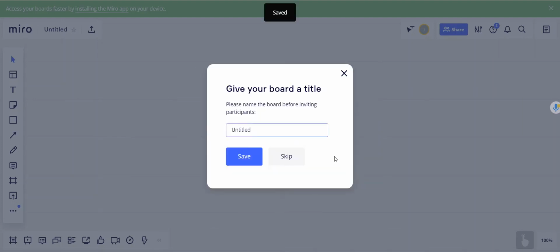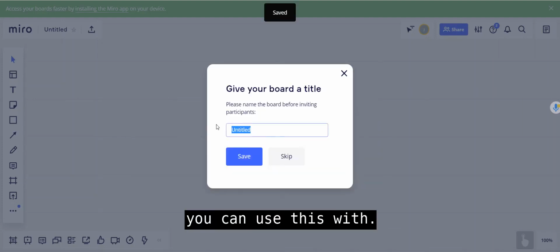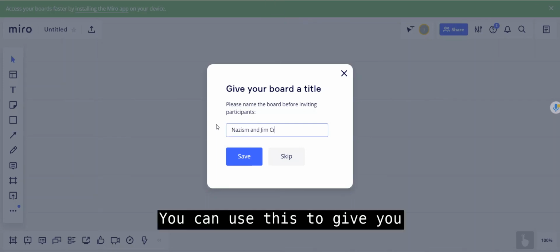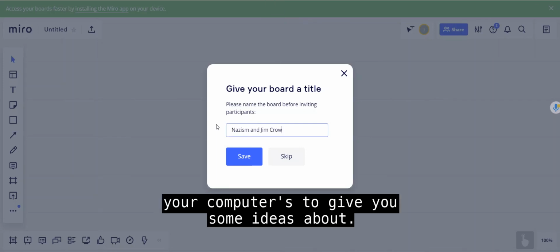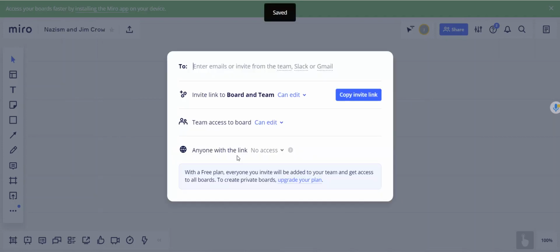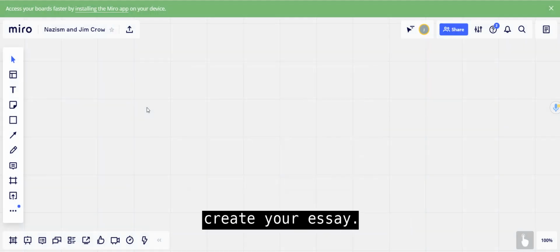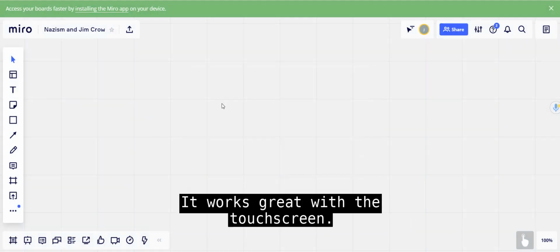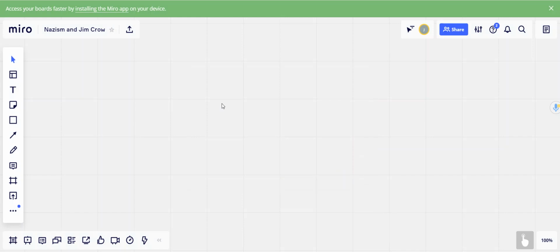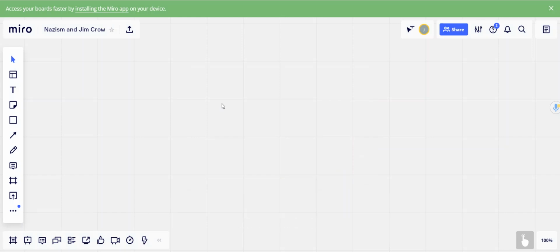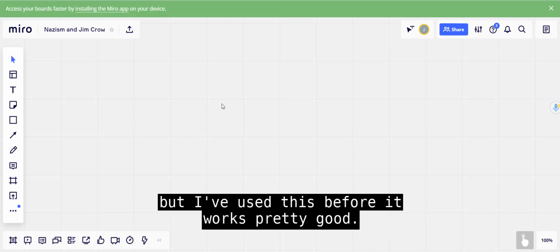You can use this on your computers to give you some ideas of how to create your essay. It works great with a touchscreen, like a tablet or a touchscreen computer. An iPhone is probably a little bit small, but I've used this before and it works pretty good.